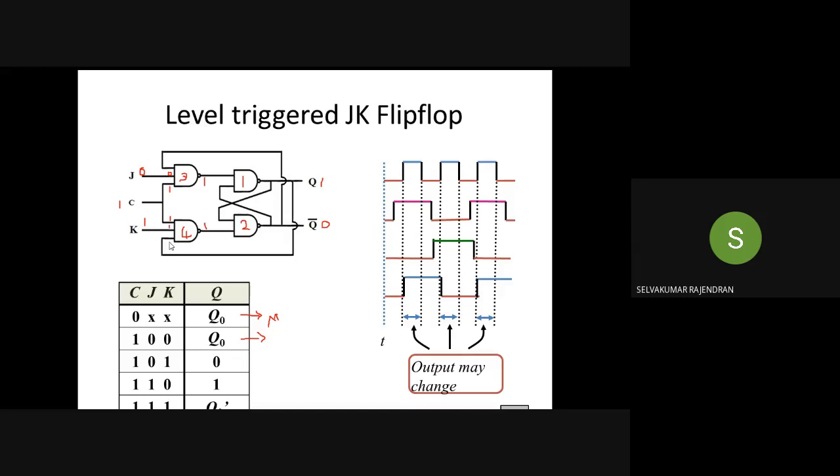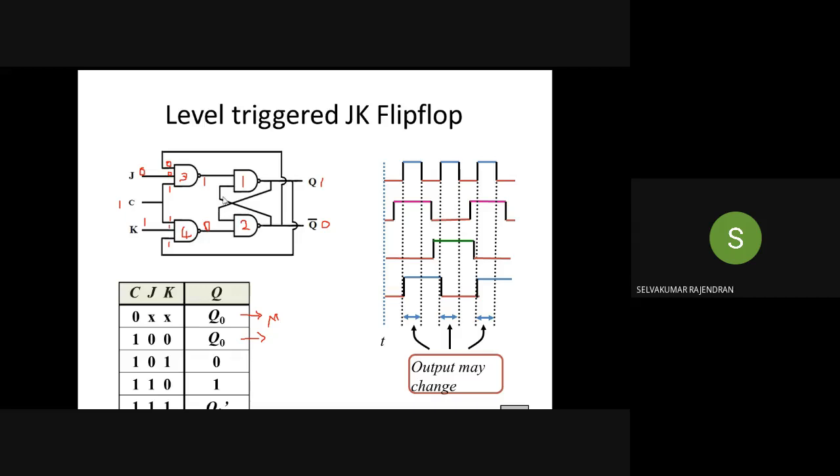Here you can observe 1. Because all the inputs are logic 1, the output of NAND gate 4 will be 0. But the output of NAND 3 is 1, because this input is 0 and the third input, fed back from Q bar, is also 0. So NAND gate 3 produces logic 1, NAND gate 4 produces logic 0.